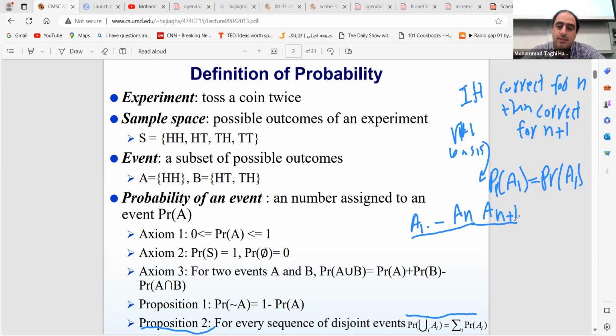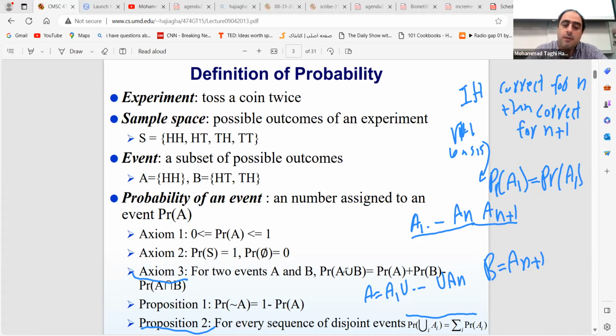In that case, I can define two things. I want to use axiom 3 here. Axiom 3 says: consider A to be A1 union up to AN. That is the definition that I have. What about B? B would be AN plus 1. Good. In this case, I can now use axiom 3.